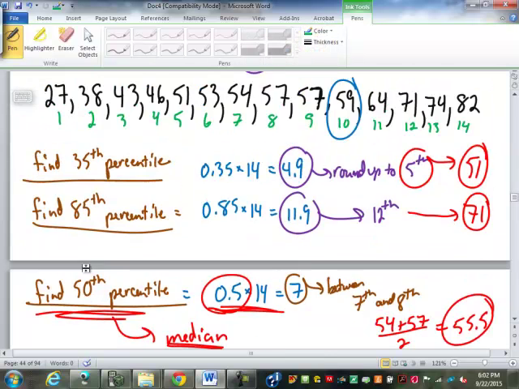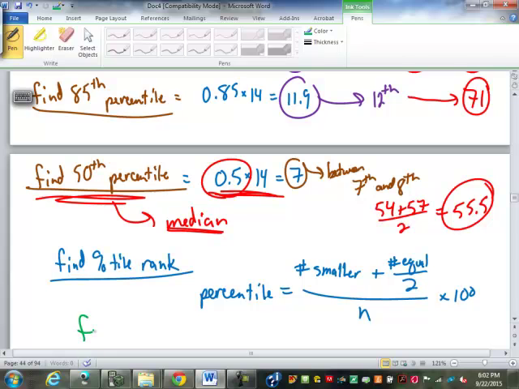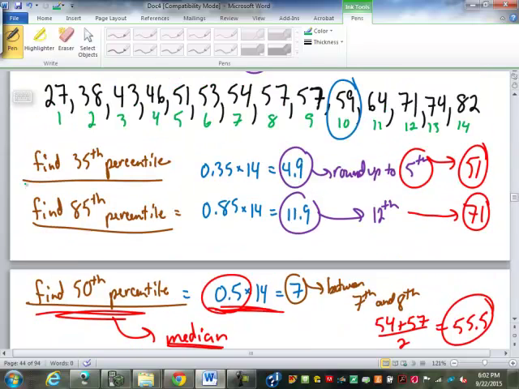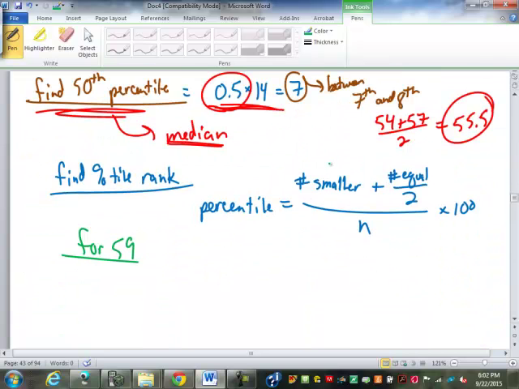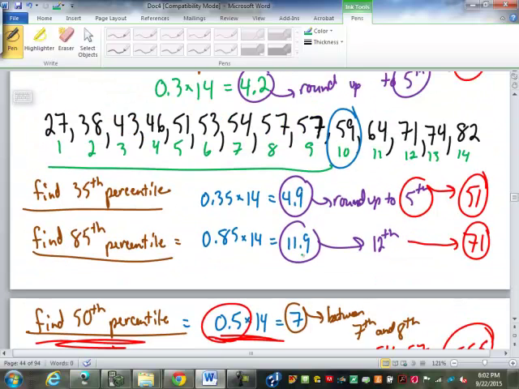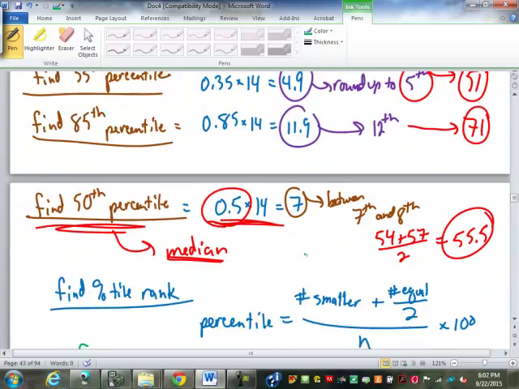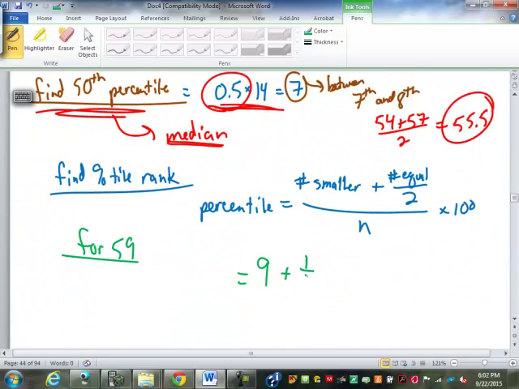So for the 59, if I look up here, how many are smaller than the 59? 9 of them. So this is going to be 9 plus, how many are equal to 59? Only the 1. So that's going to be 1 divided by 2 over n, of course, is still 14.